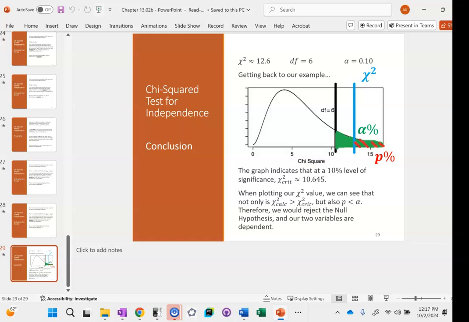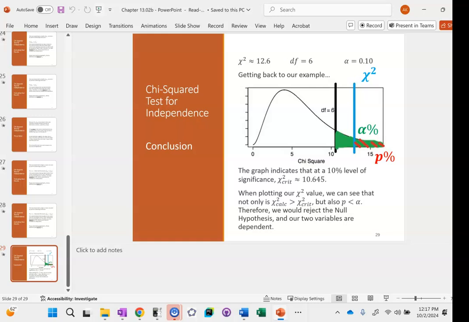Everybody see that? So that would be my biggest contributor. That feels like a test question, doesn't it? When I add all those things up, I get 12.6. That's my chi-squared calculated value.